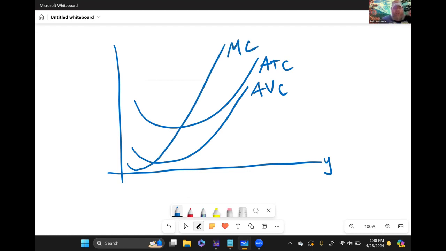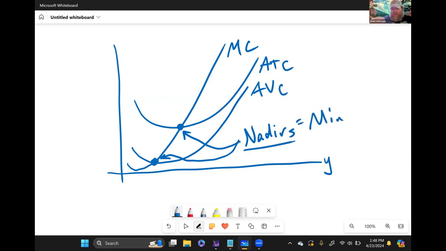Now, importantly, marginal cost intersects the average total cost at its nadir. What we mean by nadir is its minimum point. In other words, the marginal cost curve always intersects the average total cost and average variable cost curves at their minimums. Always. Okay, always. And that's just due to the mathematics.